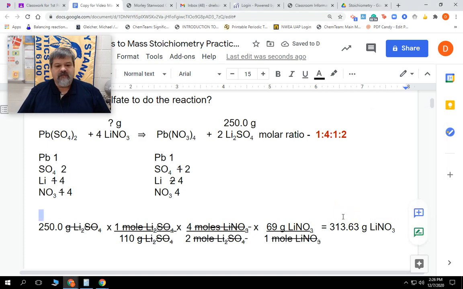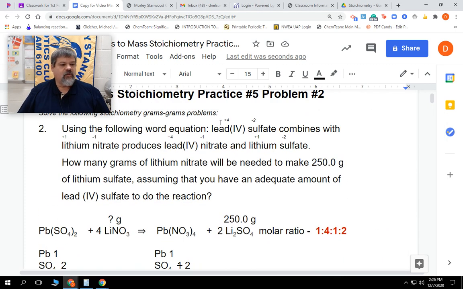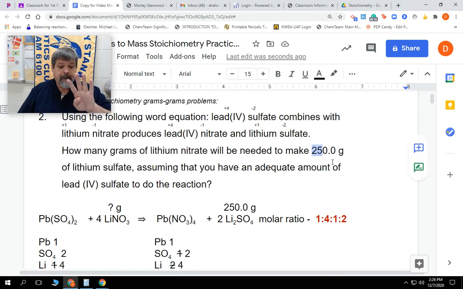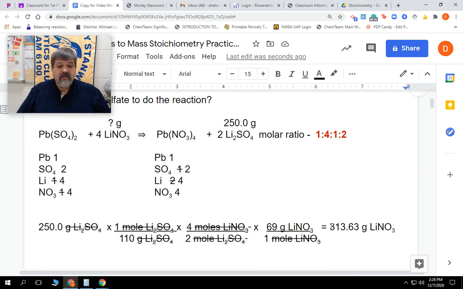But how many significant figures do we need? Let's go back to the original problem. I have the 2, plus I have the 2 zeros. Now I just got to determine whether or not the zeros are significant. Trailing zeros are significant according to the rules in the packet if there's a decimal in the number, and there is. So that means I need to have 4. So we're going to go 1, 2, 3, 4.